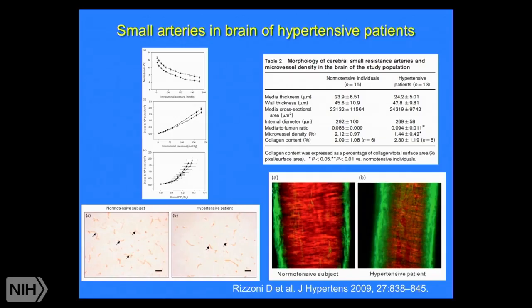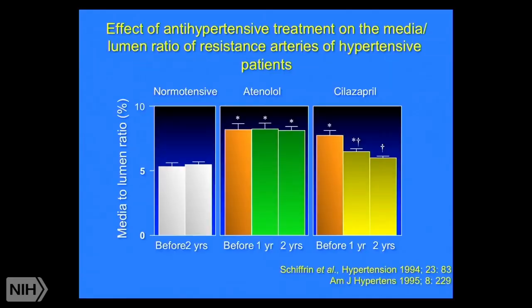Anyway, let's move on to treatment. Does treatment change structure or function of small arteries in humans? This is the first study that we published over 2 years of treatment with an ACE inhibitor, cilazapril, compared to a beta blocker, atenolol, with equal lowering of blood pressure. We had normotensives that we studied on one occasion, but two groups of individuals to make sure that we were not having any drift in our data.